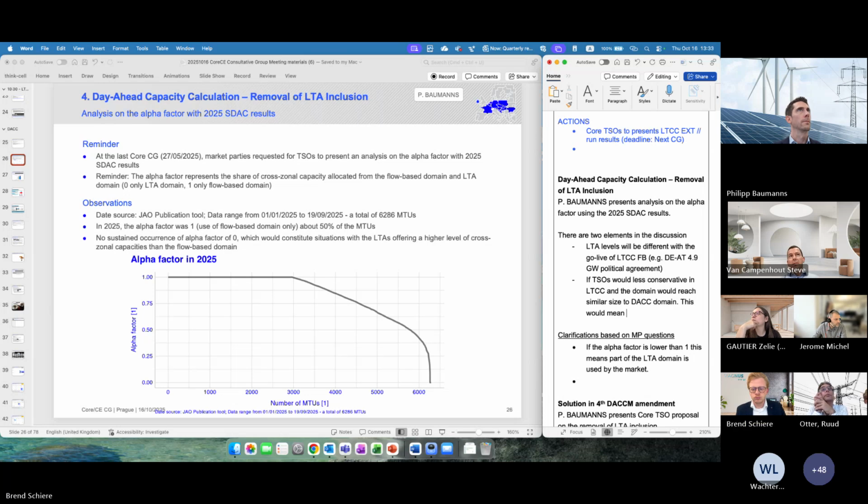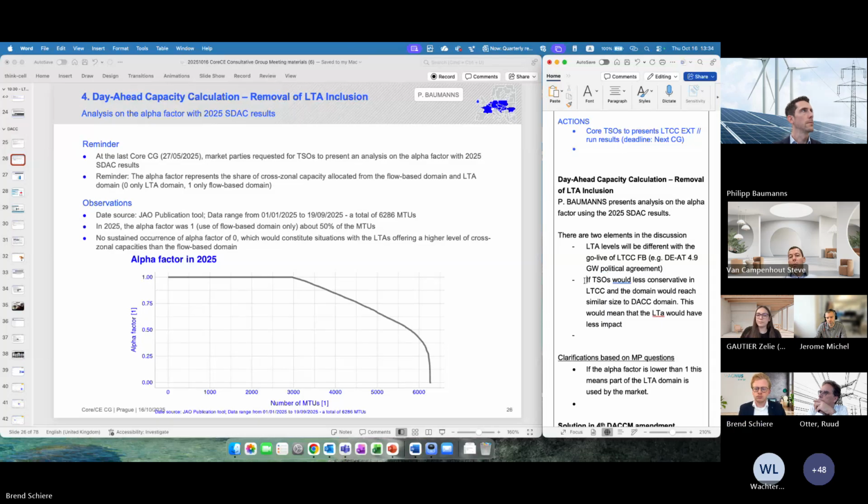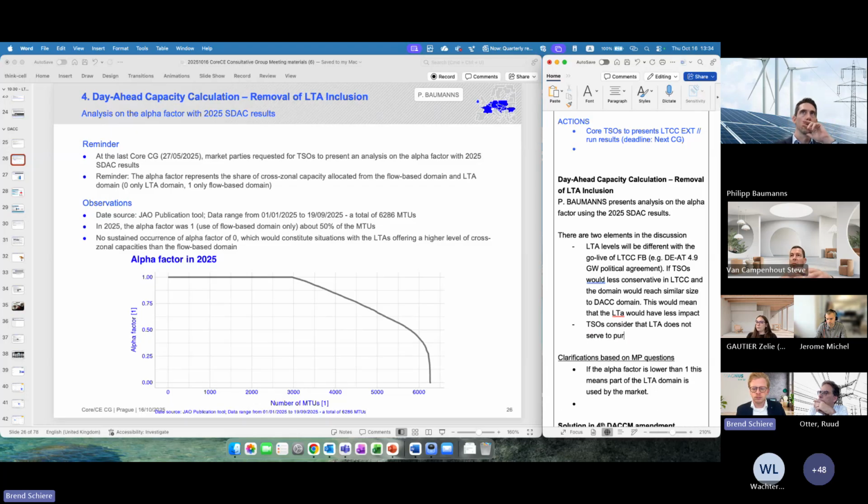Secondly, there is the debate on what is the necessary level of capacities that need to be made available for a functioning market. And we believe that it's not the role of the LTA inclusion to fill this need, that there is a regulatory framework around it. We all know it with the 70%, with its imperfections, inconsistencies.